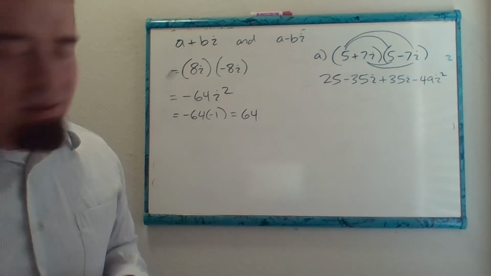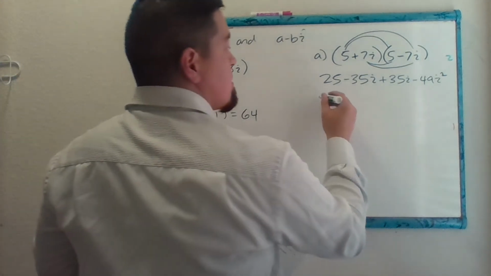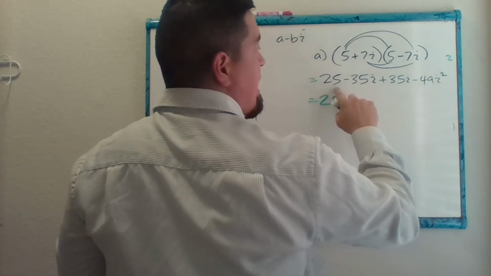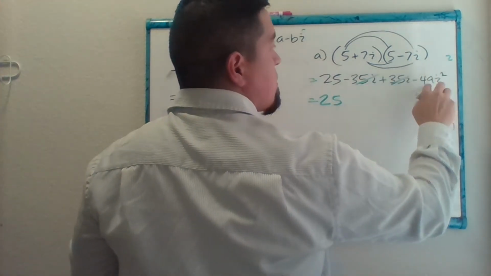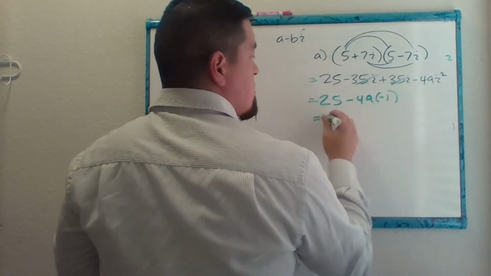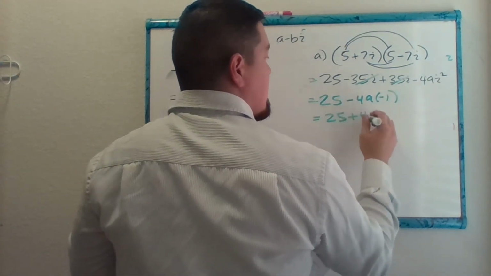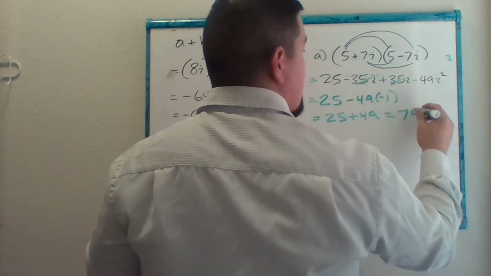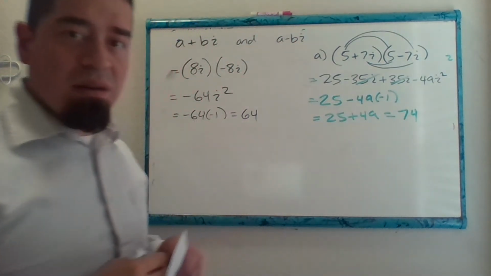That's right, it will cancel. So I get 25, those cancel, minus 49 times negative 1. 25 plus 49, that's going to give me 74. And that would be my answer there.